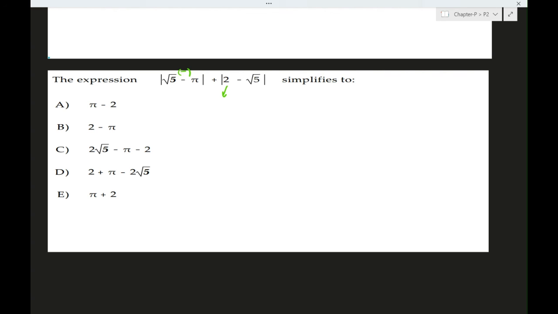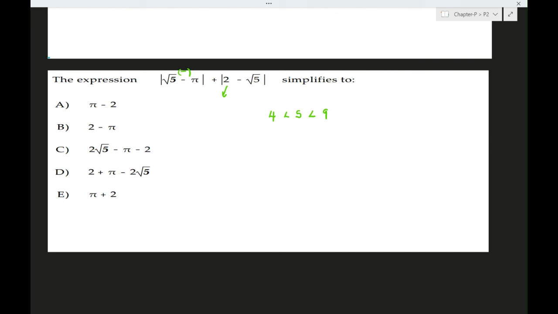And now you need to know, when you compare 2 and root 5, which one is bigger? But what do we know? We know that 4 is less than 5, and 5 is less than 9, right?